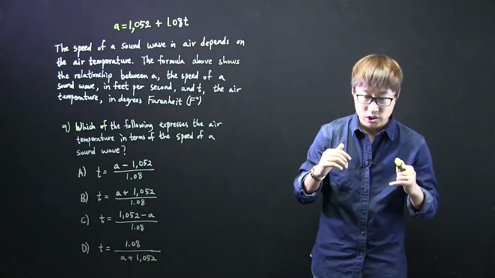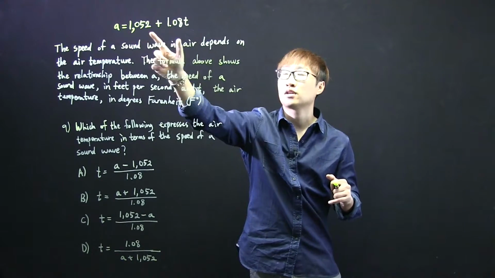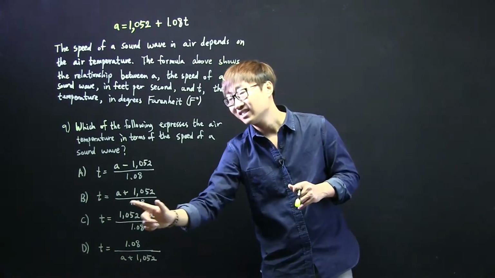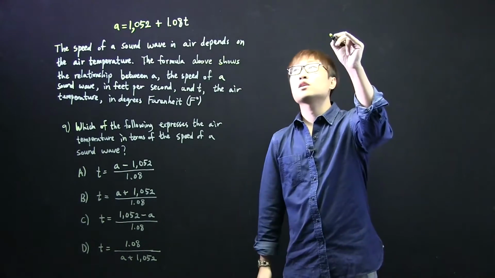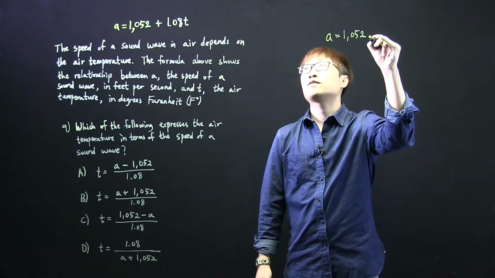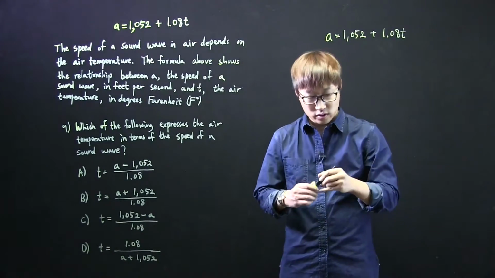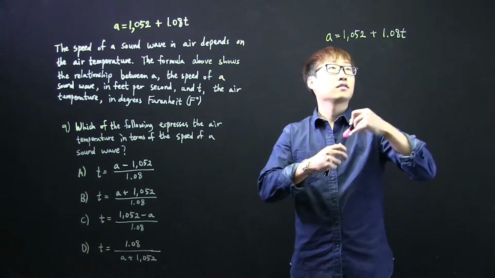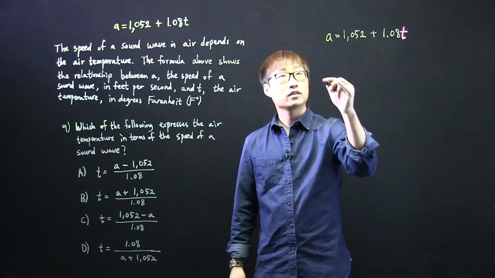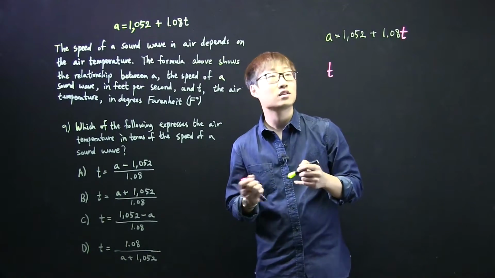So, pretty much, in the problem, we have A is equal to something, but in the question, we want to figure out T is equal to something, right? So we have A is equal to 1052 plus 1.08 T, but T is currently over here, we want T equal to something, right? So T is equal to what, right?